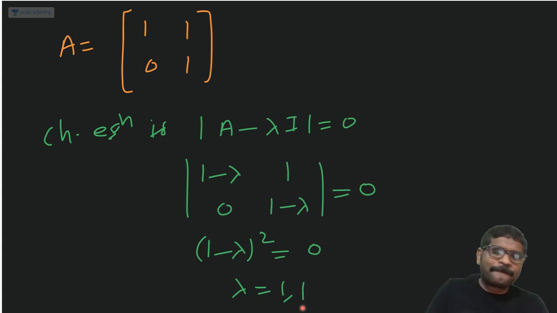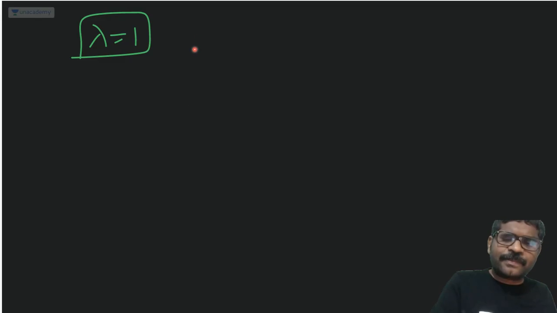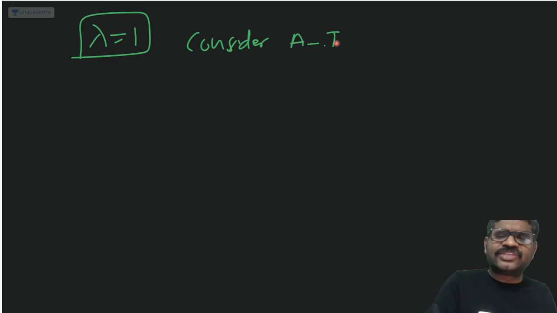Now, corresponding to eigenvalue 1, I have to calculate the eigenvector. Consider (A minus 1I)x equal to 0.